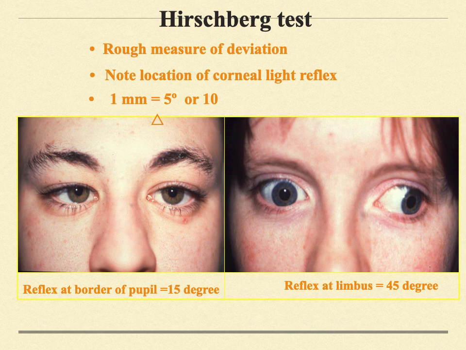Like the picture on the left side down there, it reflects at the border of the pupil. It means 15 degrees because this is almost a 3 millimeter deviation. Look at the reflex on the right side: the reflex happens at the limbus, which we can measure as 45 degrees, which is about 9 millimeters.